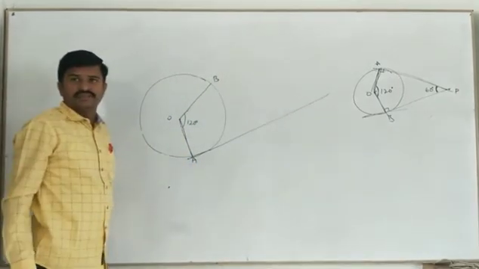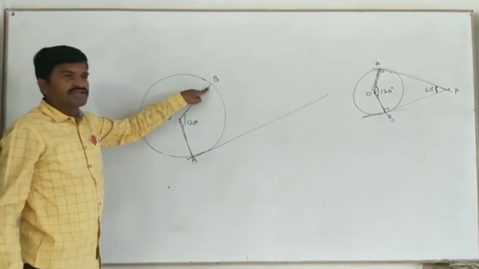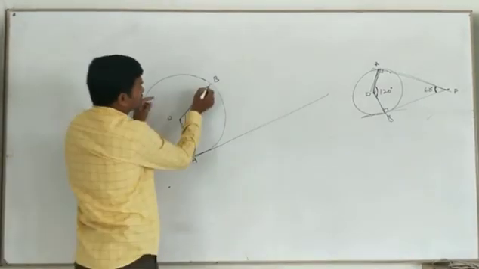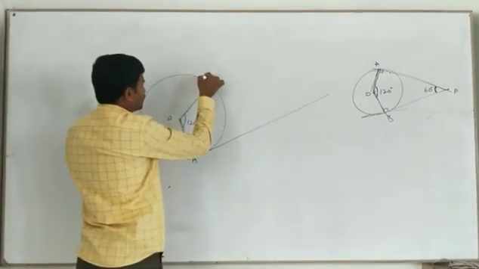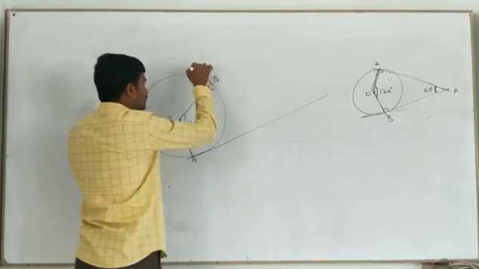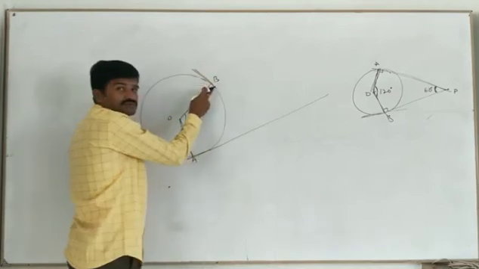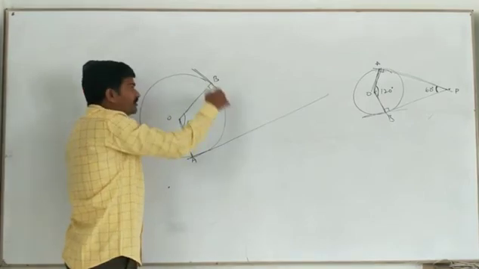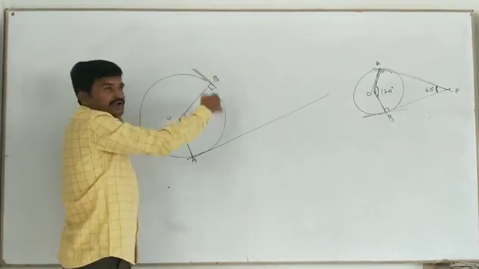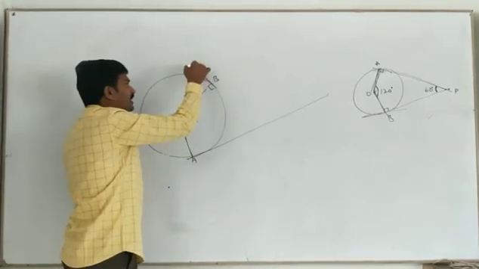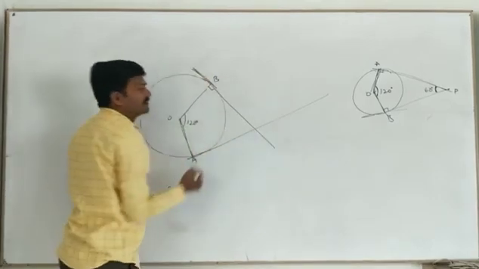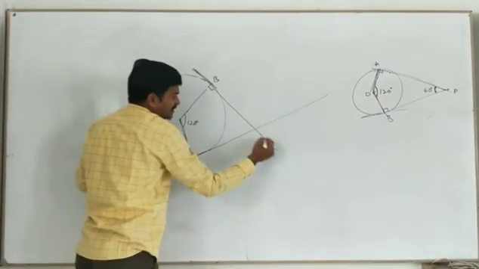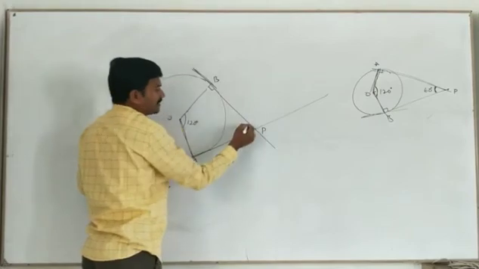Here also a 90 degrees angular ray I have to draw. Of course by using the protractor you have to draw. Don't draw freehand. Are you clear? Somewhere it will touch the previous ray and this is point P. Now you can measure it.